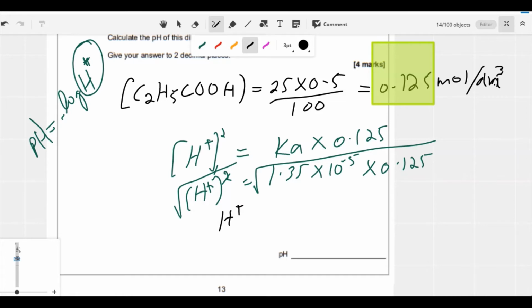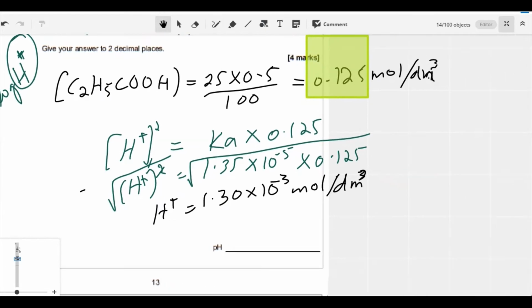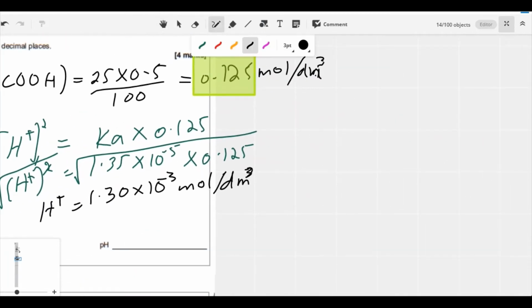Let me calculate it. So that will be equal to 1.30 times 10 to power negative 3 mole per dm cube. So that is the hydrogen ion concentration. Now it is very easy, you can take the negative log of the hydrogen ion concentration.